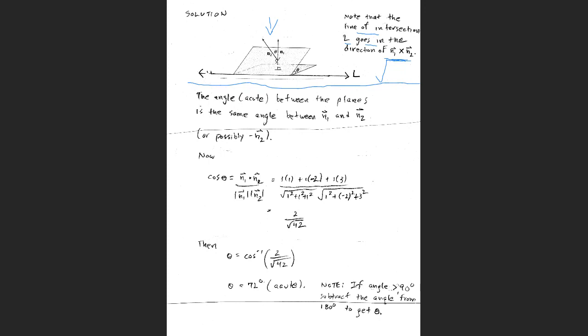In other words, the vectors n1 and n2 lie in a plane, and the cross product of n1 and n2 is going to be perpendicular to the plane that n1 and n2 lie in. Can you intuitively and geometrically see, based on the picture, that the cross product vector of n1 and n2 would have to be parallel to the line L? Does that make sense?